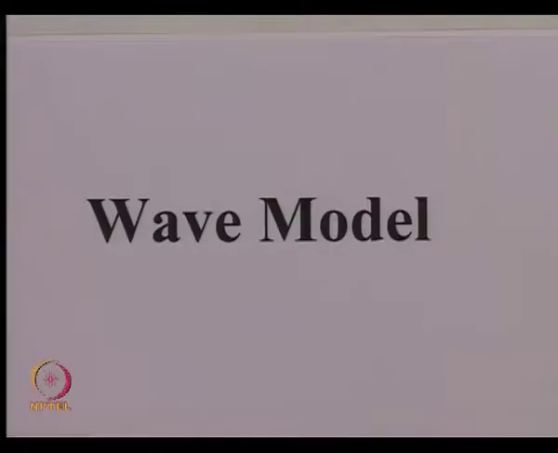And that is the reason we now go to the next level of model, which is what is called the wave model. In this, essentially we treat light as an electromagnetic wave and investigate the propagation of electromagnetic wave inside a bound structure like optical fiber.